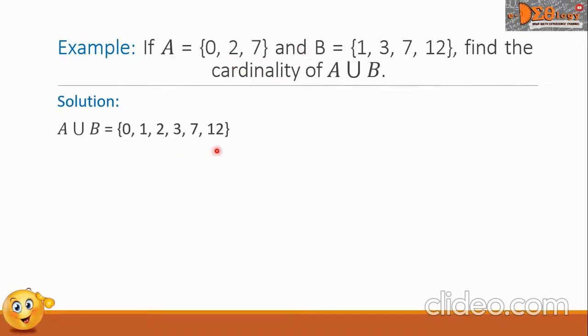If there is repetition of elements, we will just write it only once. So the elements are 0, 1, 2, 3, 7, and 12.